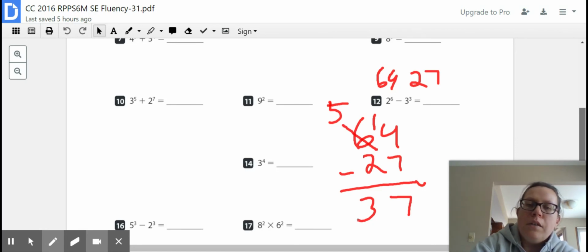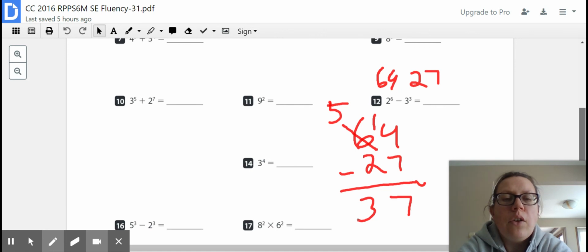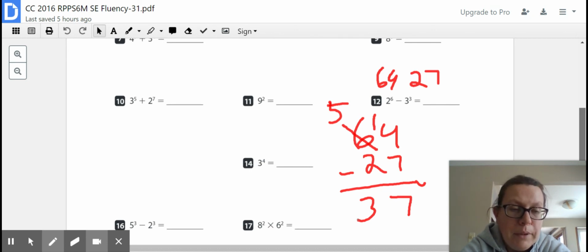The base is the big number, and the smaller number is what we call the power or the exponent. So make sure that you are doing the correct multiplication. I would not suggest using the multiplication chart that is in the Google Classroom. I would suggest using a calculator if at all possible.